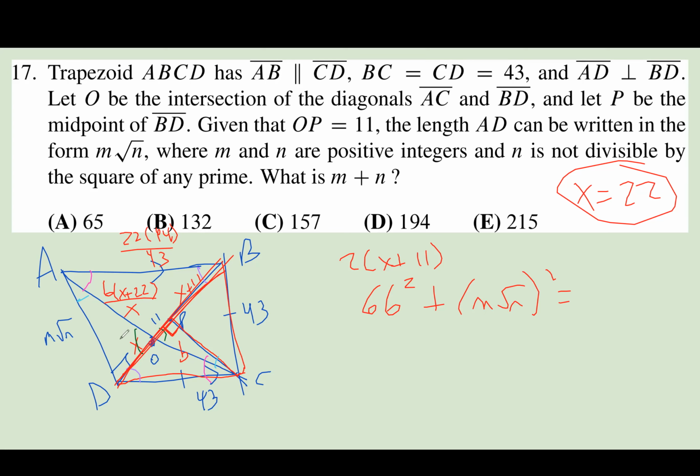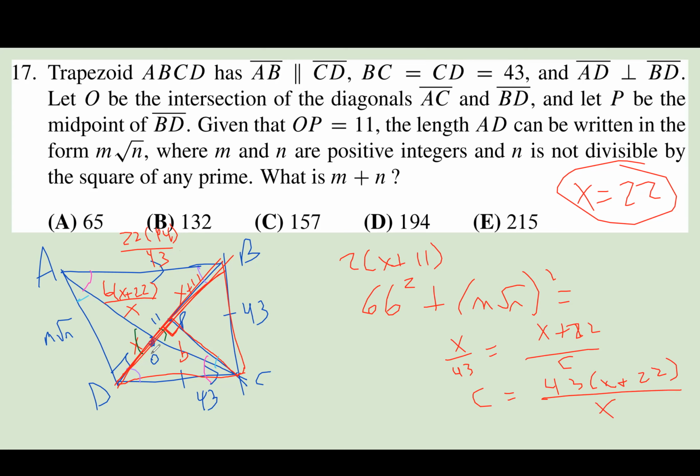Oh, sorry. I think I put 44. I meant to put 43. I think I made a mistake earlier when I did that similarity. Basically it was x over 43 equals (x plus 22) over c, so c equals 43 times (x plus 22) over x.